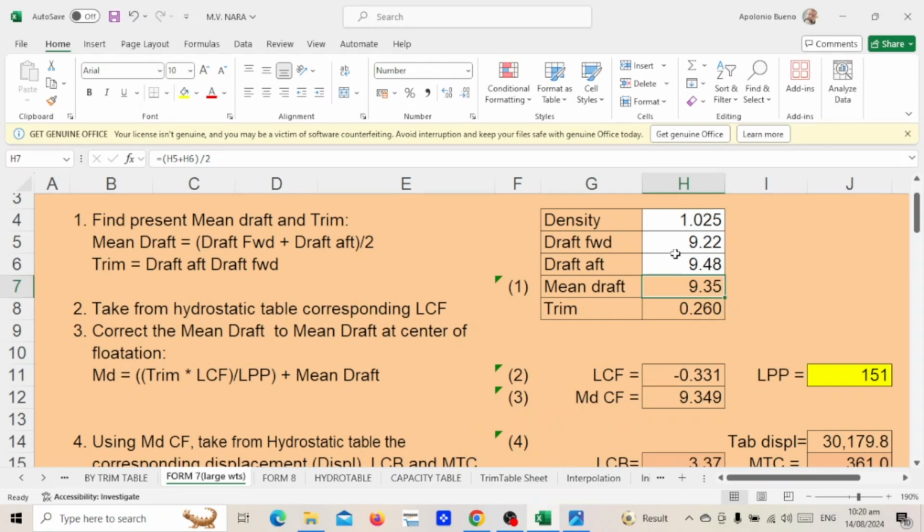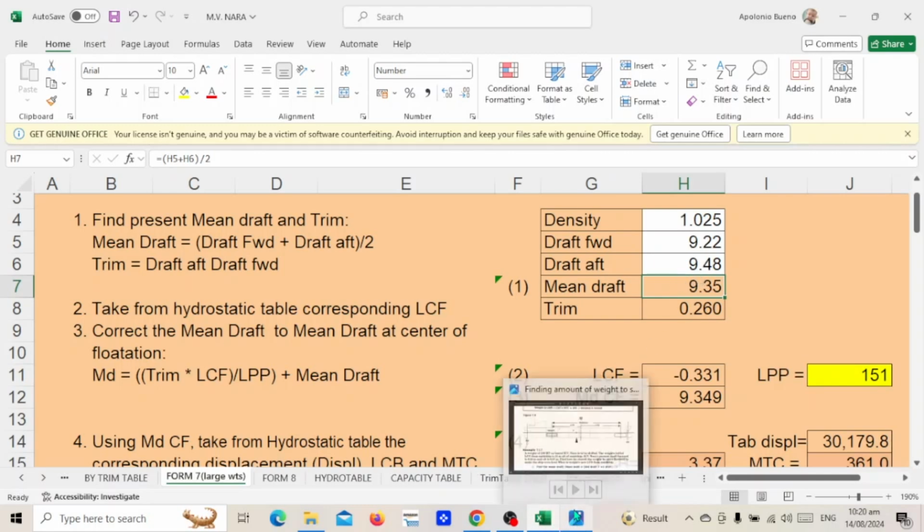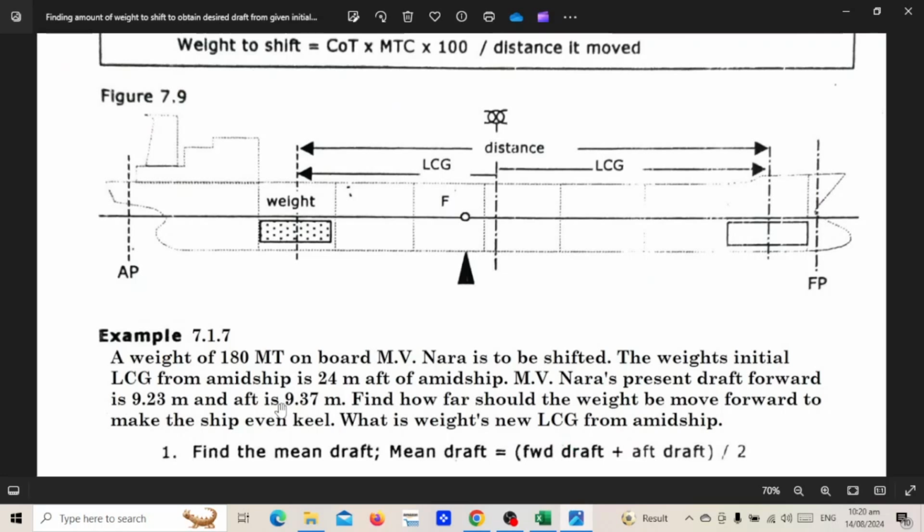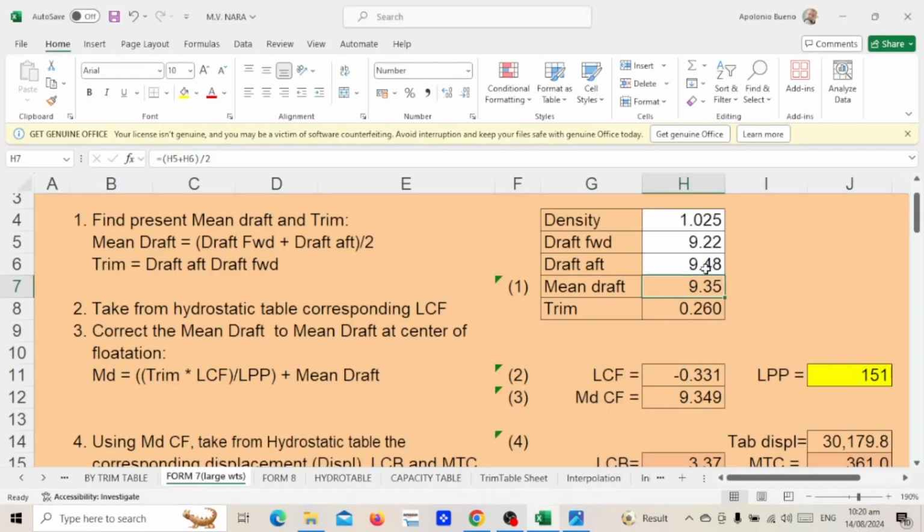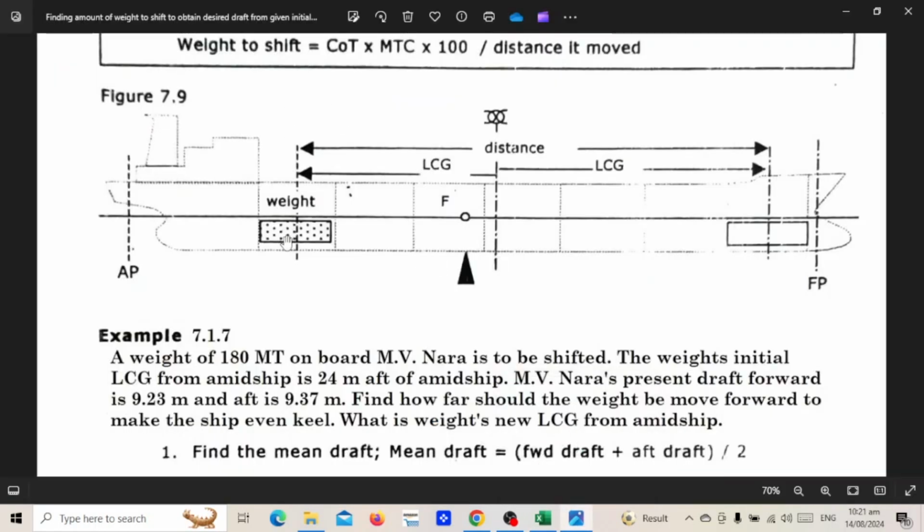It will go less. From 9.23 it will go 9.22, and this will be higher. Initial draft aft is 9.37, then you will have a new, deeper draft of 9.48. Okay, I think you should have a vision of what's going on with your vessel. So it will increase in draft because you already put weight on the aft part of the vessel. So that's clear, guys. Okay.